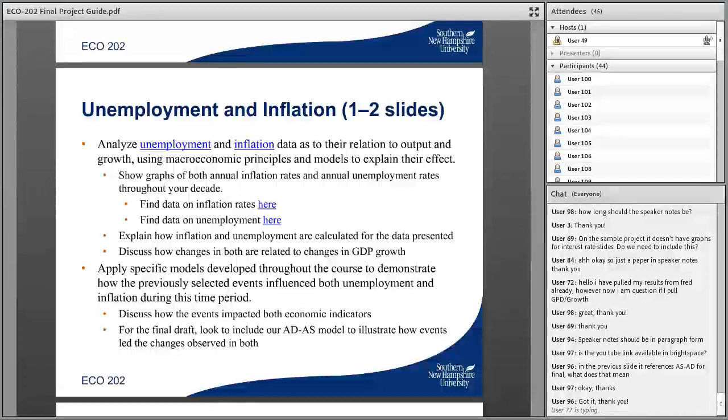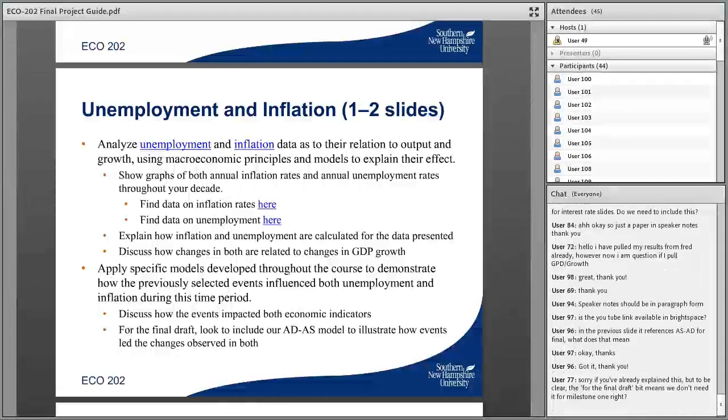Oh, you're welcome. Once you get to the final, you will see there's an extra category, which is the exemplary category. So for example, in the unemployment and inflation slide, you will have to explain how the data is collected and calculated to obtain unemployment and inflation.